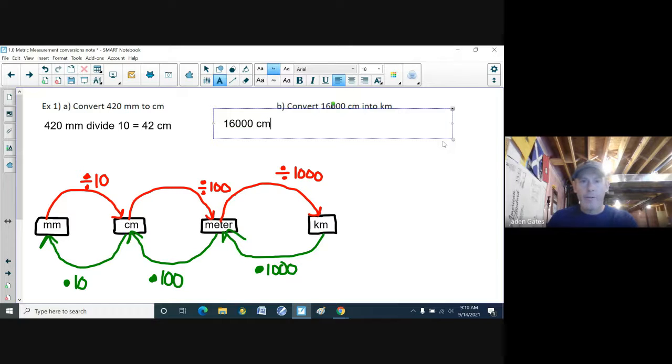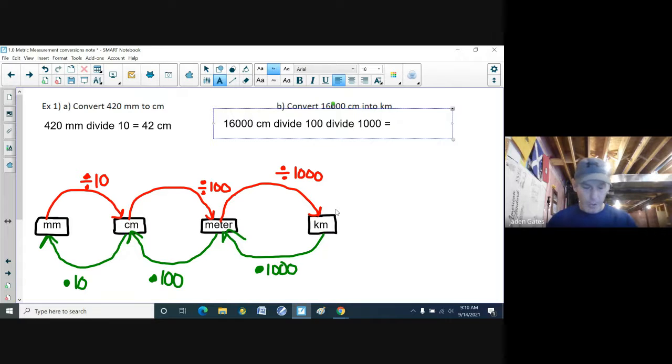Now the first jump, when I go from centimeters to meters, I got to divide by 100. And then I'm going to jump from meters to kilometers, so then I'm going to divide by 1,000. And so now I take my 16,000, get my calculator here. I divide by 100.